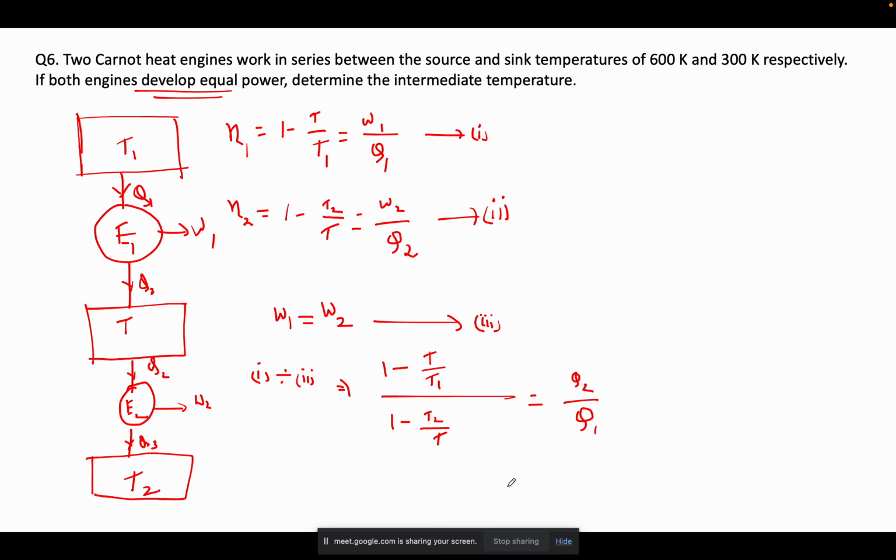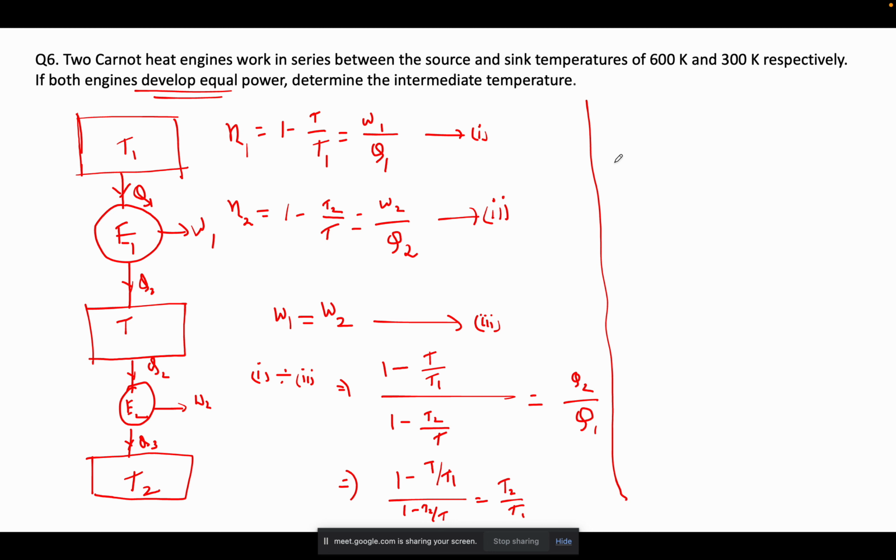And we know that for a Carnot engine the ratio of the heat rejected and accepted by the reservoir is basically the ratio of the temperature of the reservoirs. So (1 minus T by T1) divided by (1 minus T2 by T) will be equal to T by T1. This is from the general Carnot theorem.